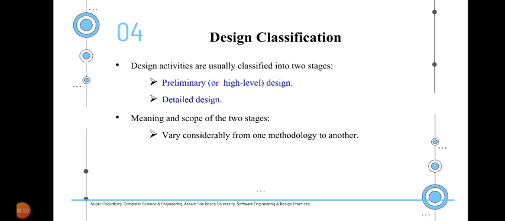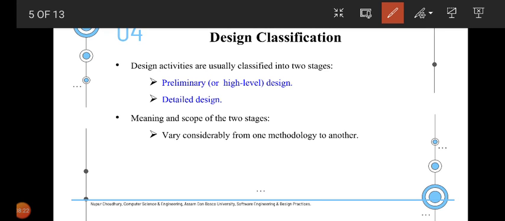Now talking about the design classification, as already mentioned, design activities which we discussed previously as to what are the components that we need to design, can be categorized into two different classes. One is the preliminary or high level design, and second is the detailed design or more specific design.